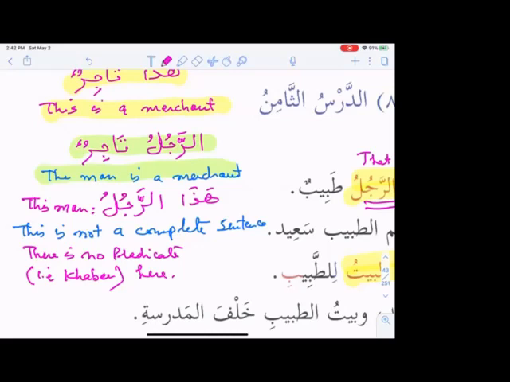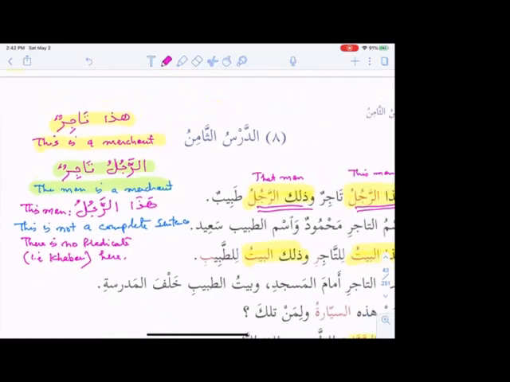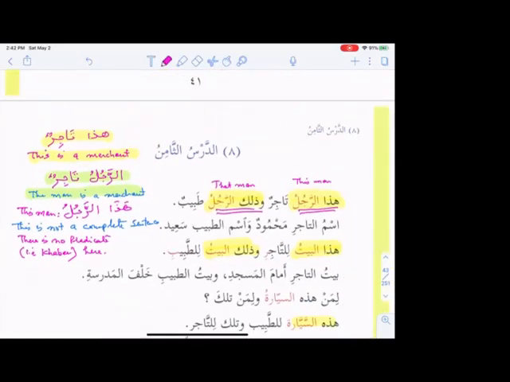So I will go back to my normal, inshallah. So here, my brothers and sisters, Hadha Rajulu. You can see here, Hadha Rajulu. So what is Hadha? Mubtada. Where is the khabar? Khabar is here, Tajirun.